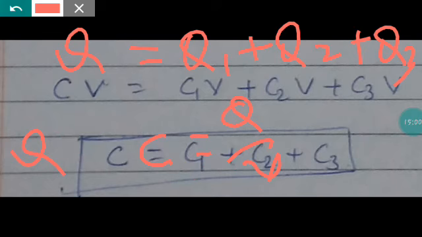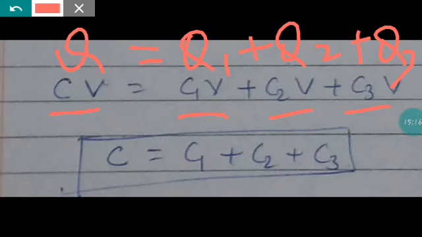So we can write CV in place of Q, and Q1 is equal to C1V, Q2 is equal to C2V, and Q3 is equal to C3V.